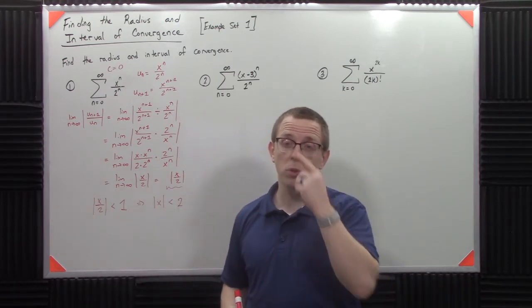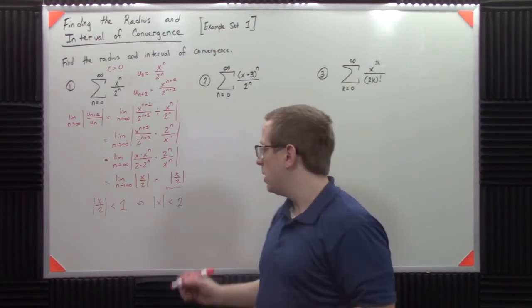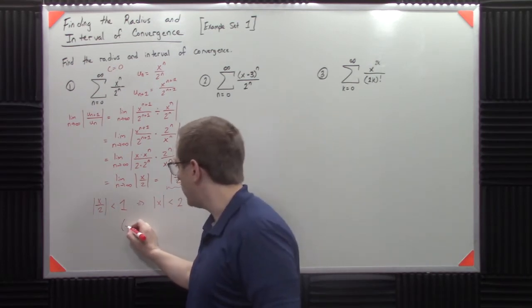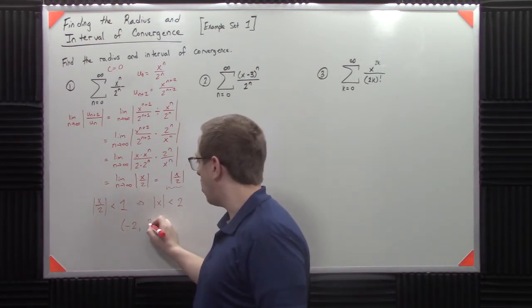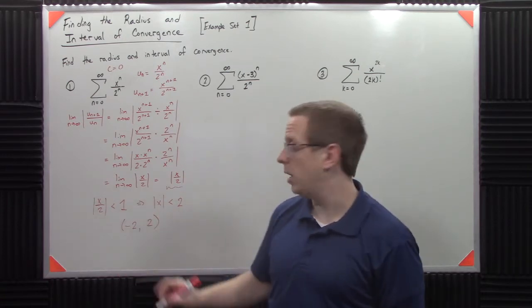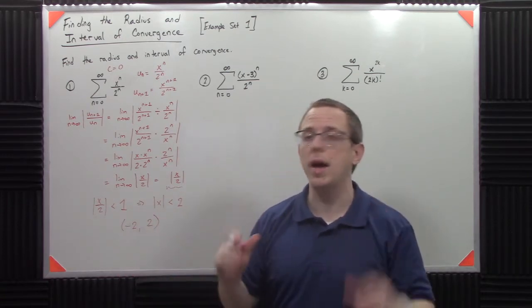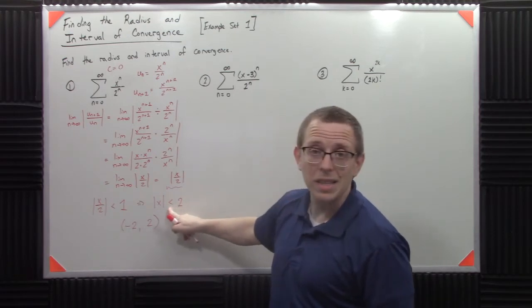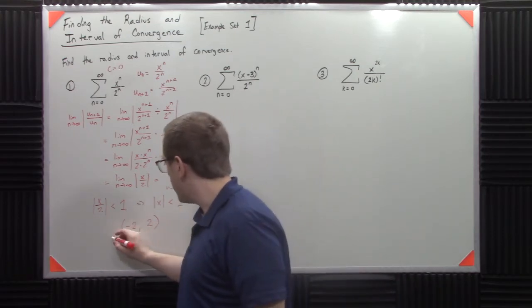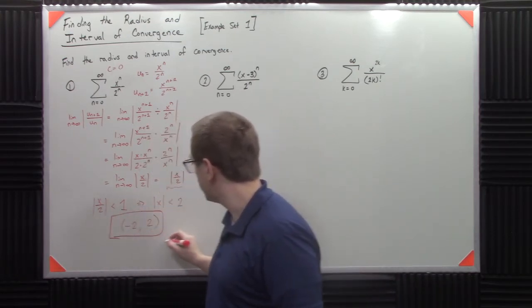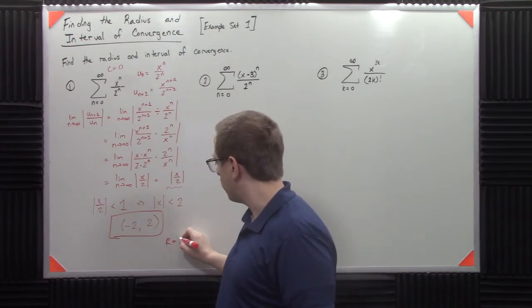Since the absolute value of x is less than 2, I can go all the way to -2 and all the way to +2, but these are parentheses, they can't be brackets, because this isn't less than or equal to. So this is my interval of convergence, and my radius of convergence is 2.